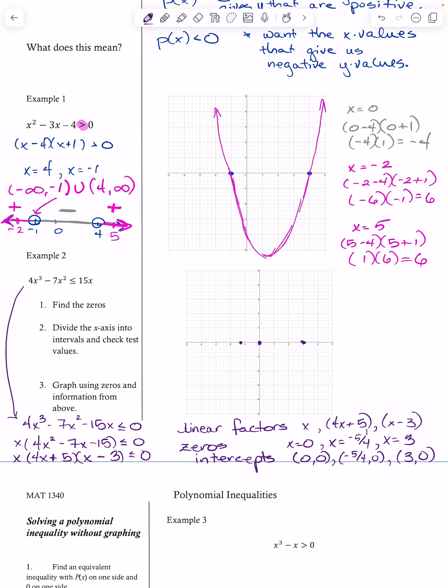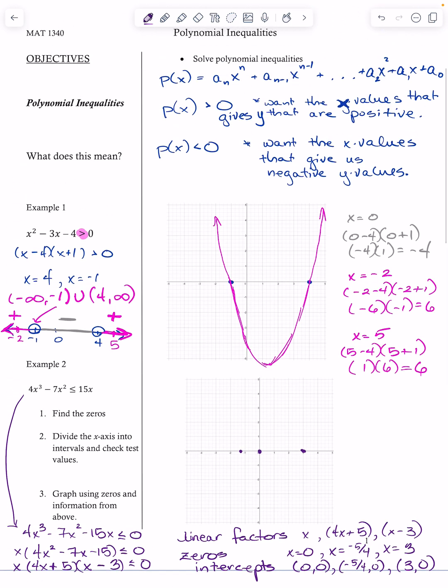This one we're going to go strictly by graphing, okay? This is a cubic. My leading coefficient is positive, right? The number attached to that variable with the highest power, which means that I know that this gets treated like a positive. It goes up to the right, okay?